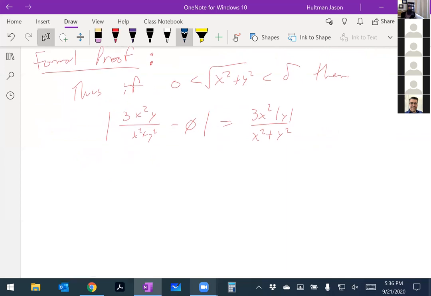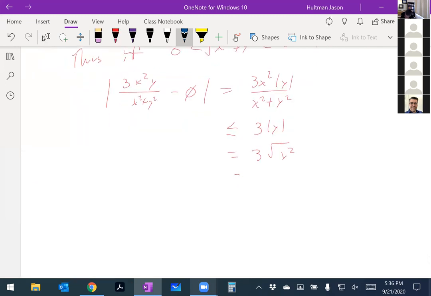Which is again less than or equal to, we're just restating what we're doing here, 3 times the absolute value of y, which is equal to 3 times the square root of y squared, which is then less than 3 times the square root of x squared plus y squared, which is then less than 3 delta.